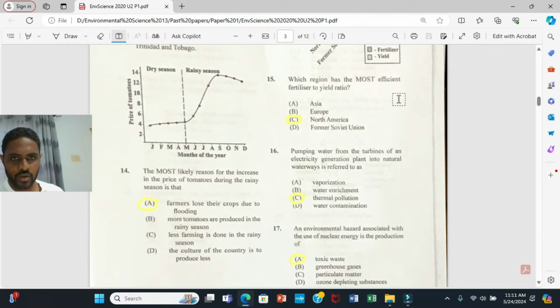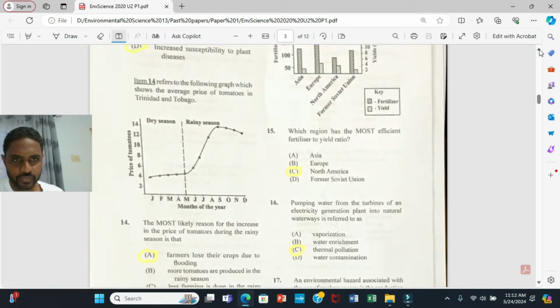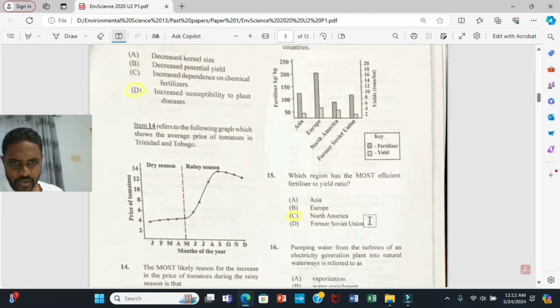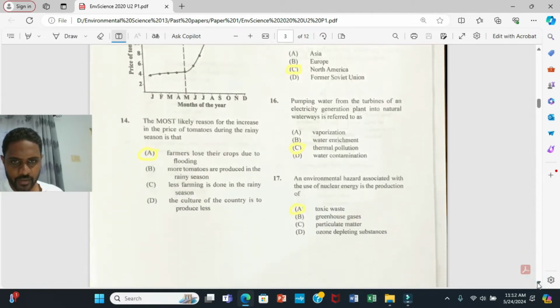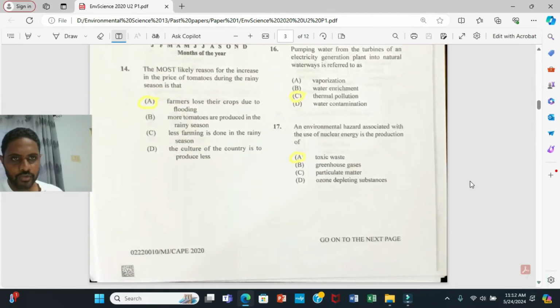Number 15, which region has the most efficient fertilizer to yield ratio? Of course, the answer is C, guys, right here. Number 16, pumping water from the turbines of an electric generation plant into natural waterways is referred to as C, thermal pollution.